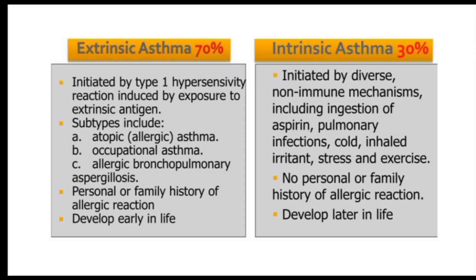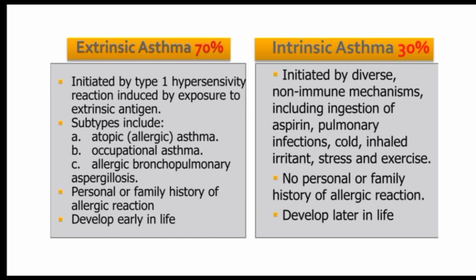Extrinsic asthma is initiated by type 1 hypersensitivity reaction induced by exposure to extrinsic antigen. Subtypes include atopic allergic asthma, occupational asthma, and allergic bronchopulmonary aspergillosis. There is a personal or family history of allergic reaction, and it develops early in life.